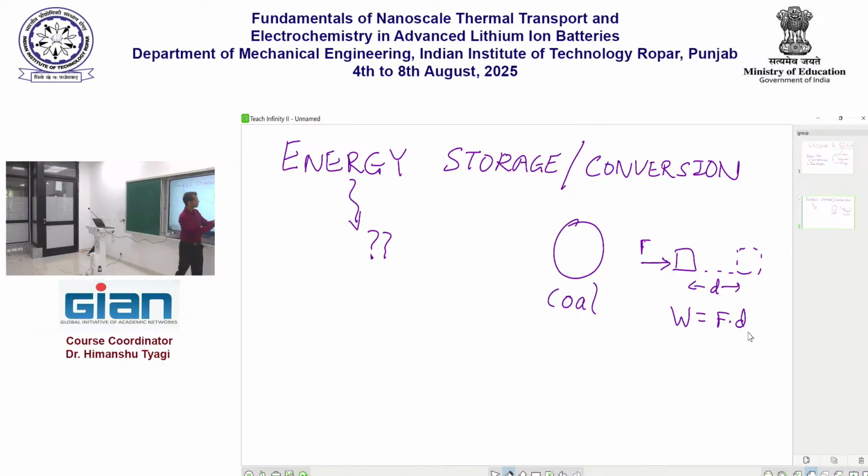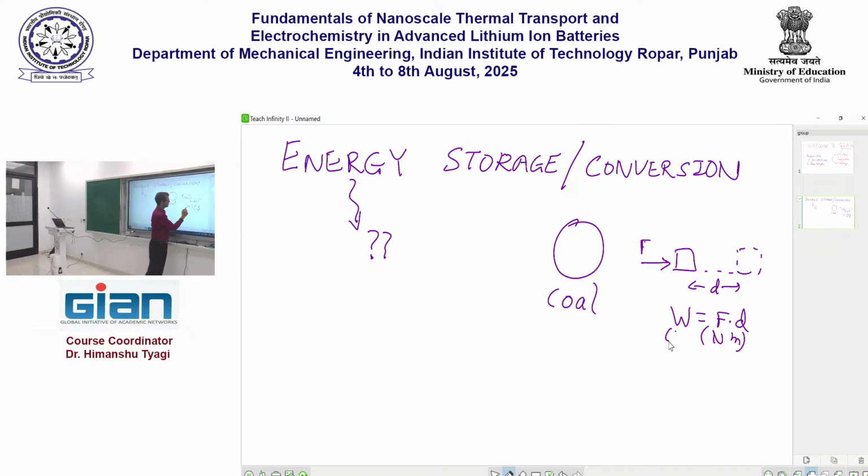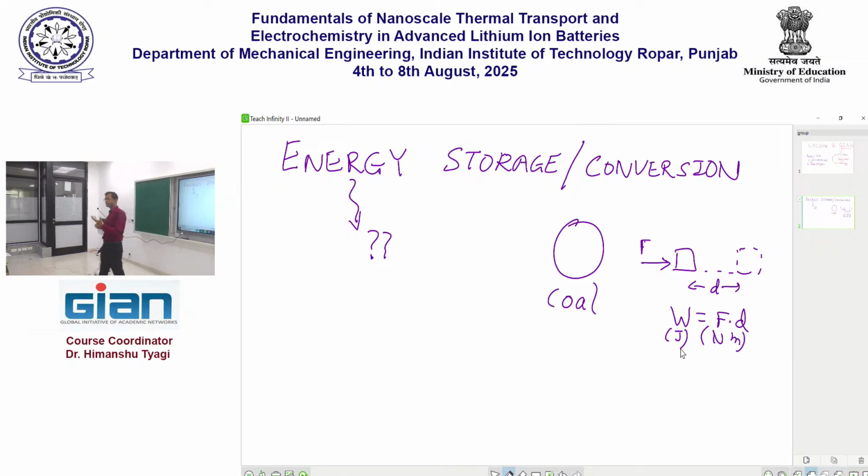What are the units of force? Newton, and Newton meter is nothing but a joule. So if a body has the capability of moving something else a certain distance by applying force on it, we say that this body has energy. A piece of coal, does it have energy?